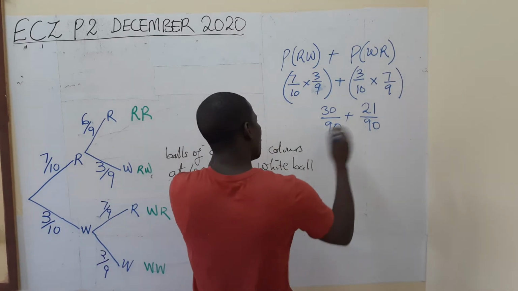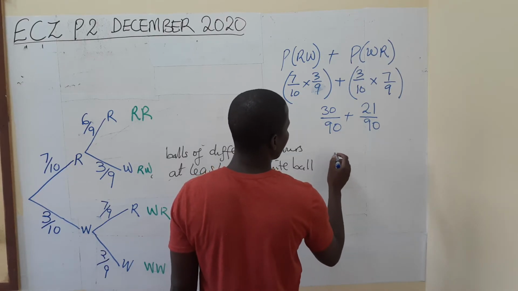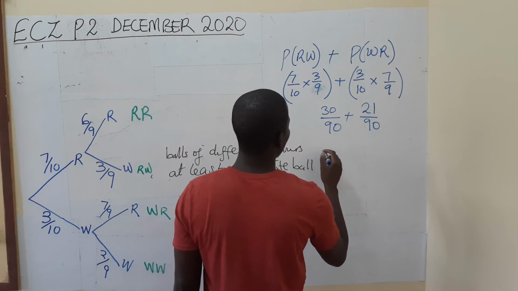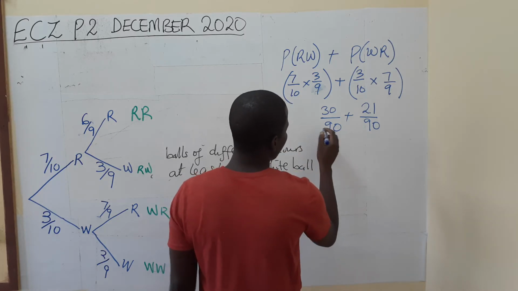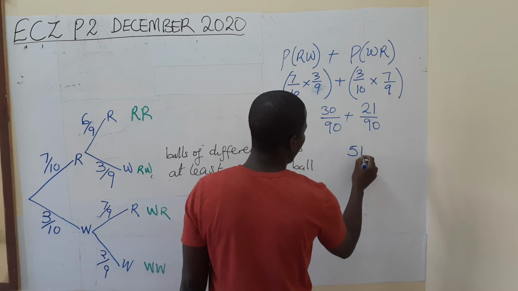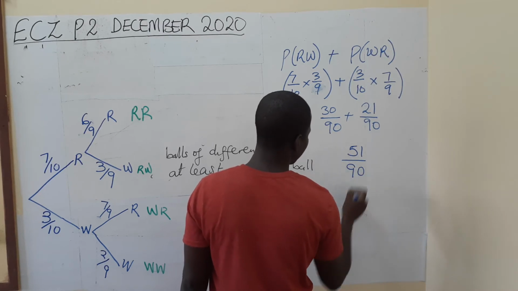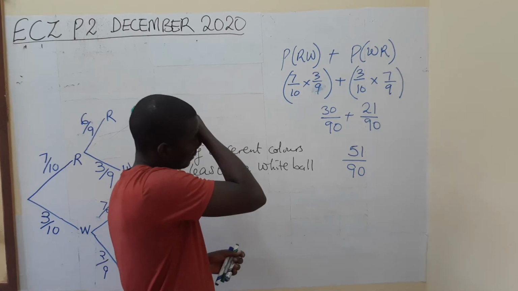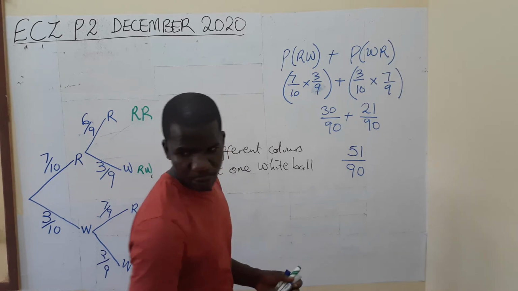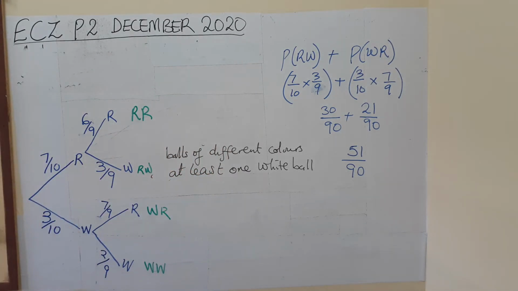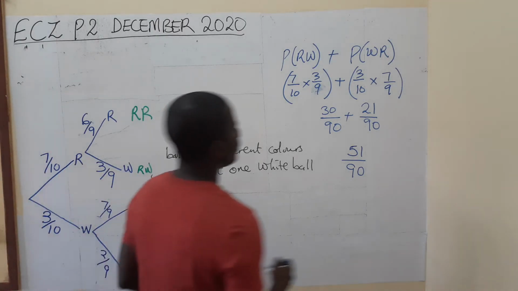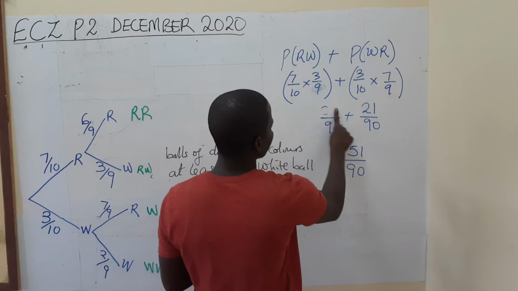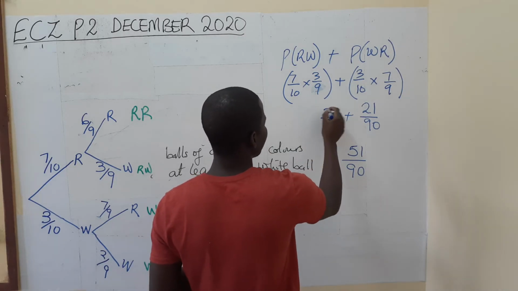Then we are going to have 42 over 90. Take note here, 7 multiplied by 3 is 21.